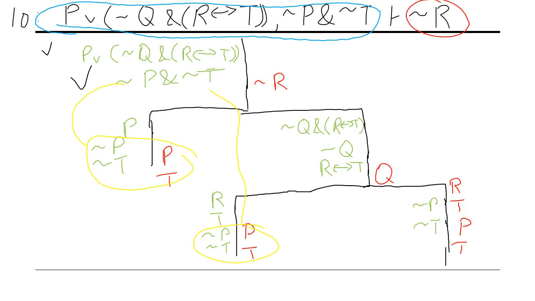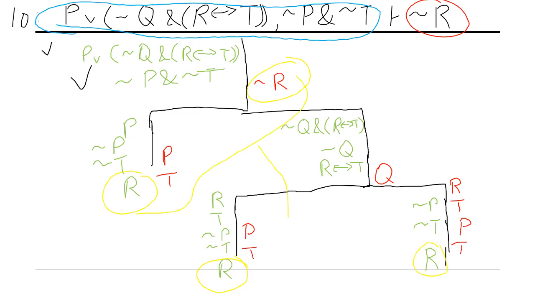So now we just need to do the conclusion, which is also a tilde. So we're going to take this tilde R and we're going to flip it across the way in each of our branches like that. So this is just getting put in all of our branches down below. And now we've taken care of that.